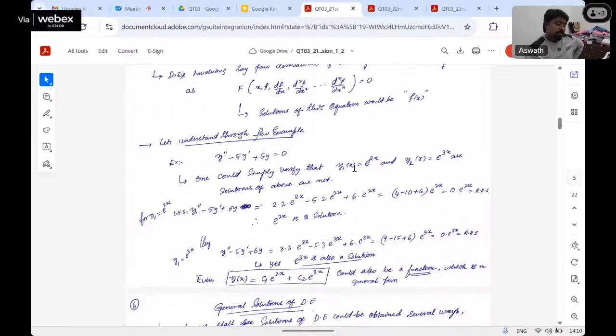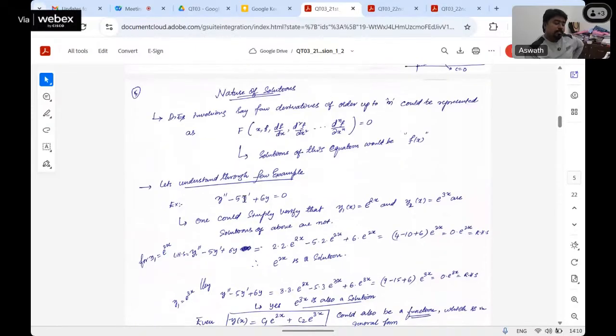The best way is, if the differential equation is linear, meaning I don't see any higher orders of y, I don't see any products of y prime or y double prime, then I can simply say that it is linear. For such differential equations you can start guessing with the exponential function or sine function, and check by substituting whether those functions satisfy the differential equation.